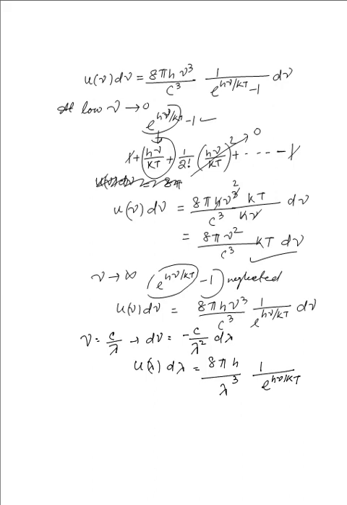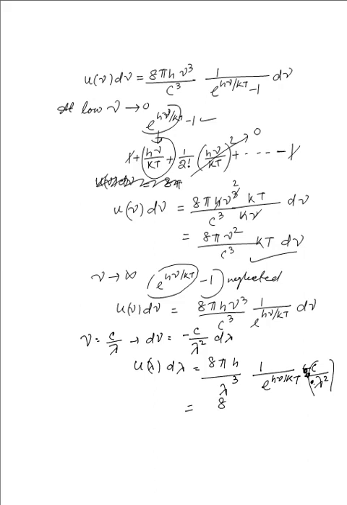And instead of d nu, we'll be having minus of c divided by lambda squared, and that minus sign can be taken care of because we had neglected that previously as well. So the minus sign is gone.